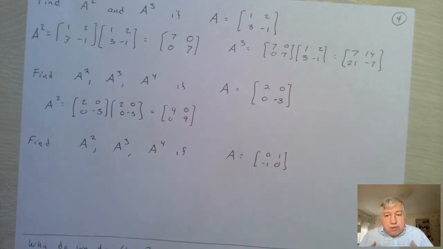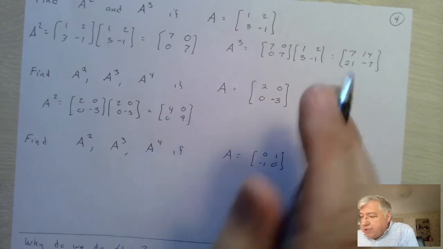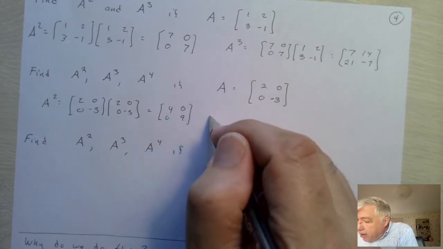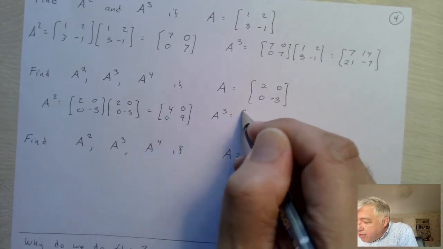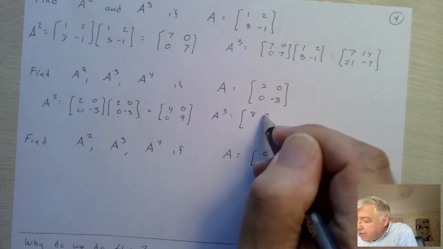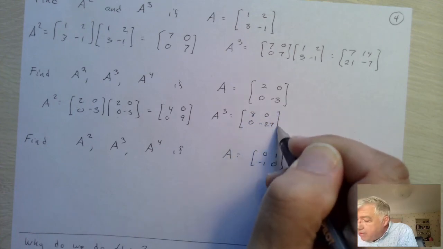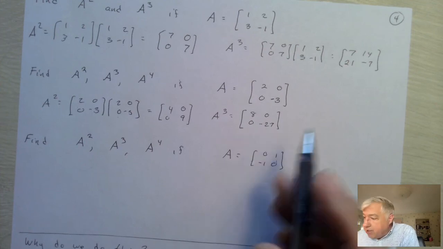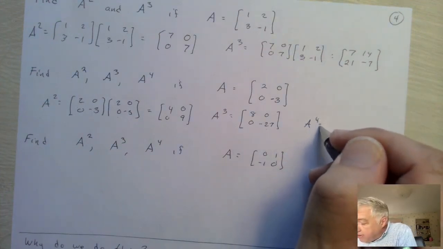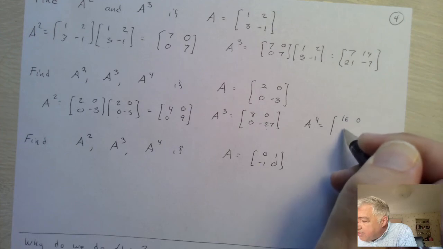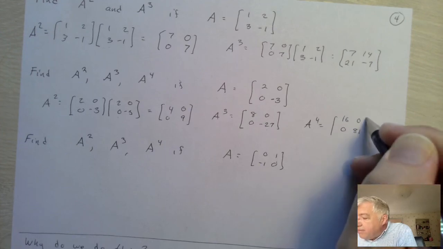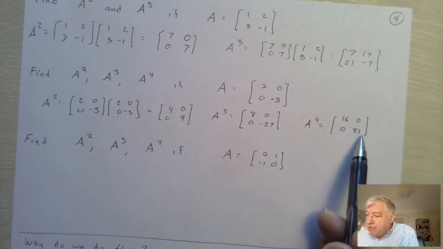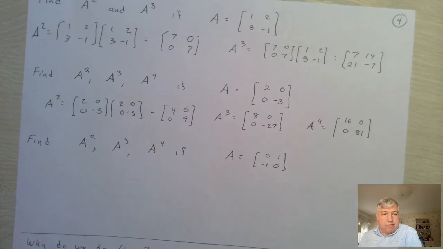This only works with diagonal matrices, because we have a lot of zeros and things just go away. You can check that A cubed is going to be 8, 0, 0, negative 27, because this is 2 cubed, and this is negative 3 cubed. And then A to the fourth, you can check, will be 16, 0, 0, 81. Because this is 2 to the fourth, this is negative 3 to the fourth.